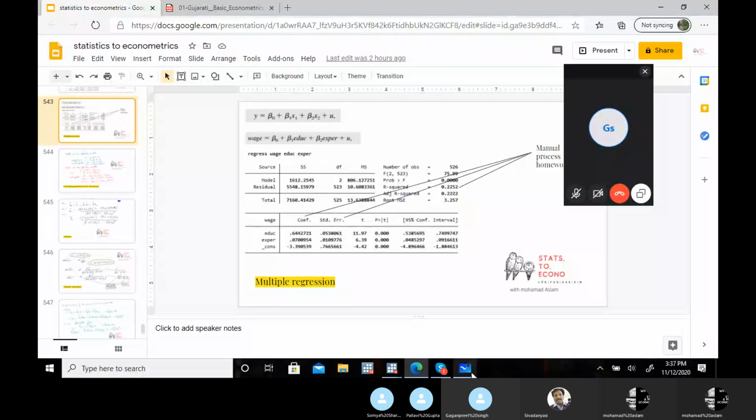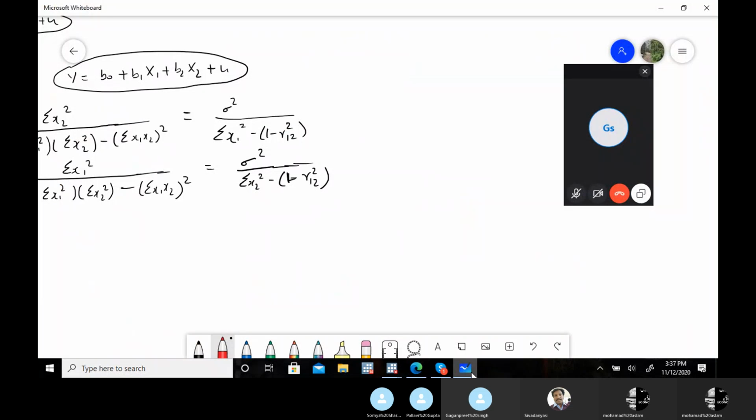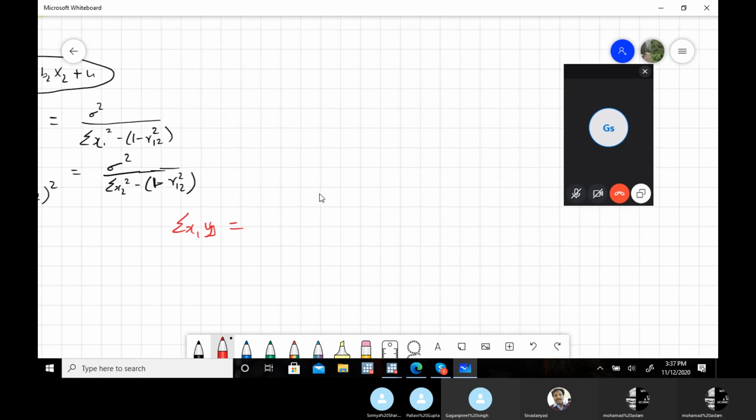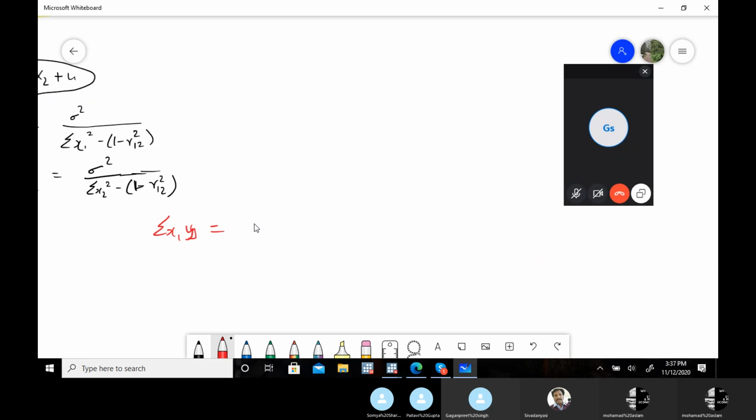So let me give you this variance example. Suppose in deviation form we have these two equations, summation x1 y equals beta 1 hat times summation x1 squared plus beta 2 hat times summation x1 x2. I'm taking the deviation form.